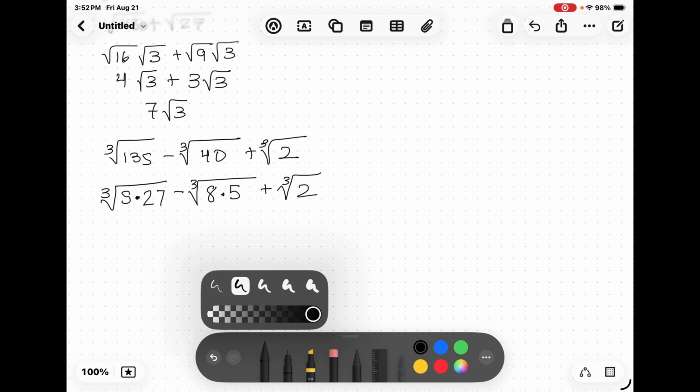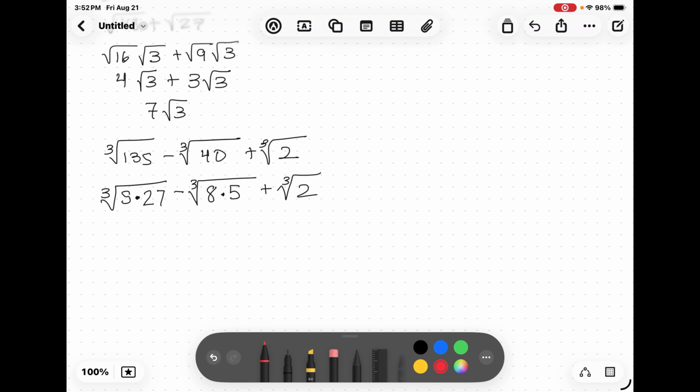What have we got? You see I've got the cube root of 27 is 3. And then I'm left with the cube root of 5. The cube root of 8 is 2.